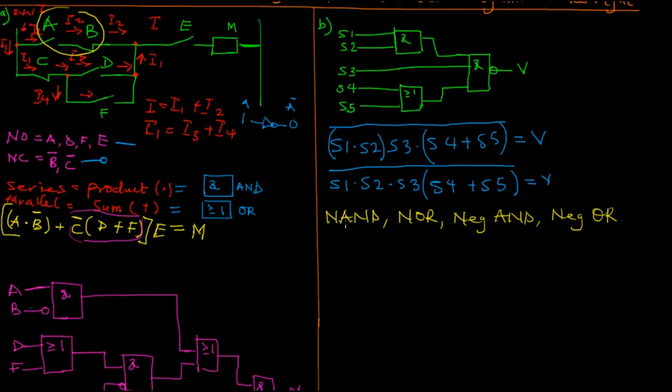So a NAND in function block diagram looks like this. This is a NAND, and let's assume we have an input A and B here. This is what we call a NAND.